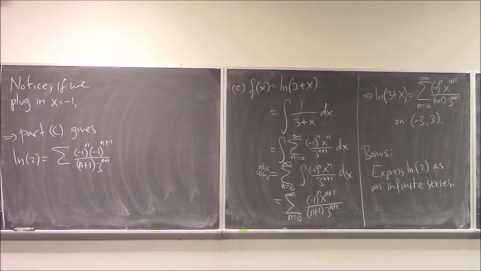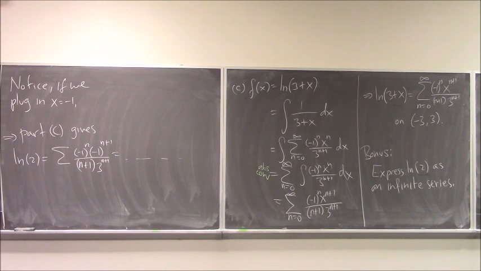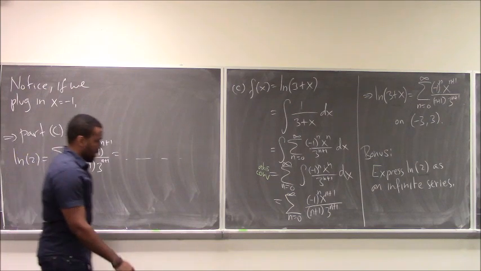So you could actually do that. And if you wanted to, you could write out what that is, and you can actually look at an infinite sum that converges to ln2.